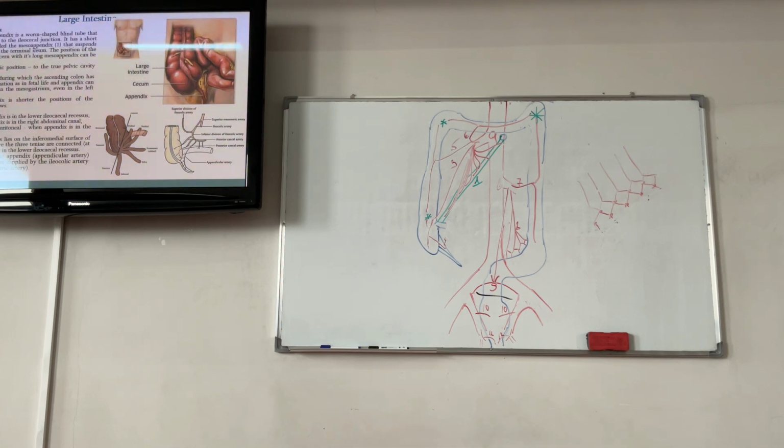Sometimes genetically, the ascending colon can be intraperitoneal due to some special genetic forms. In that case, we call it cecum mobile. Because the upper portion is movable, the cecum becomes mobile, and the appendix can be directed however it wants, up to the inferior surface of the liver.